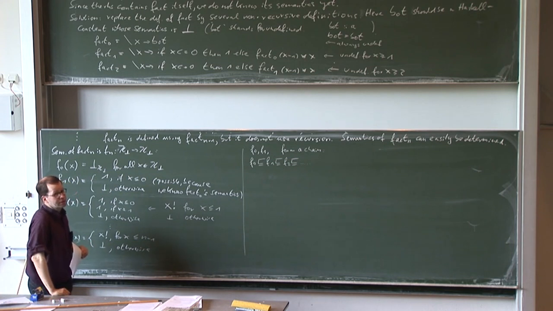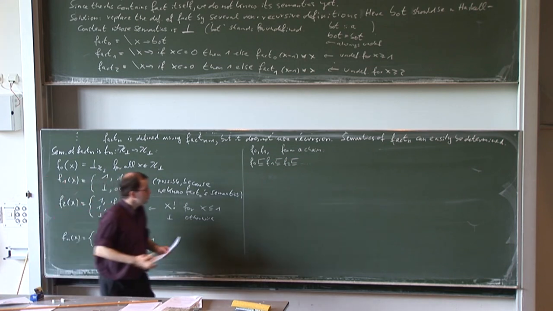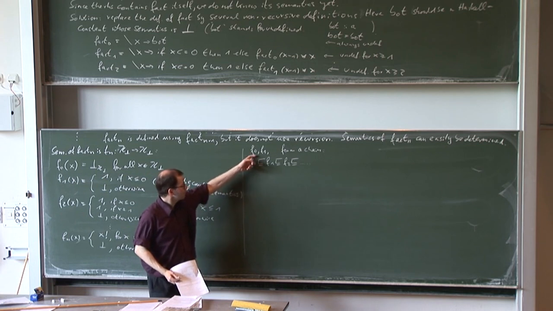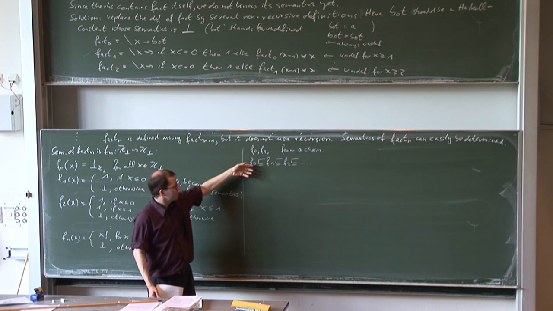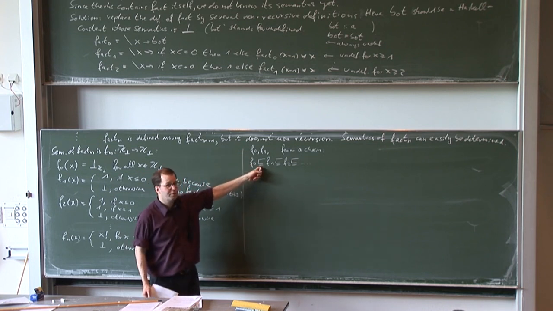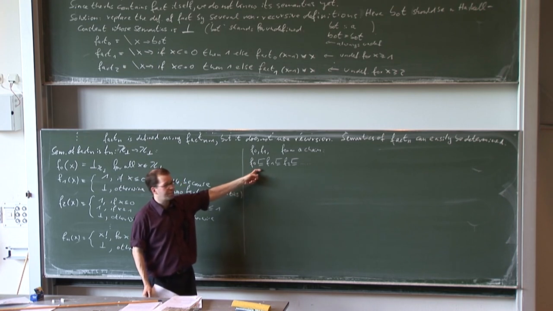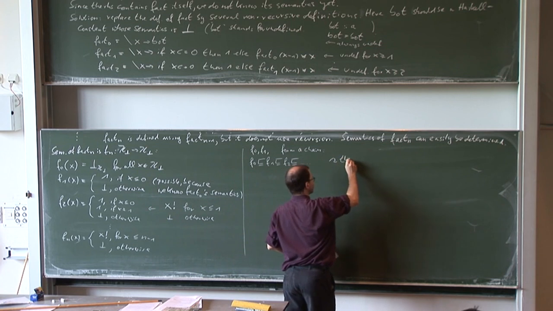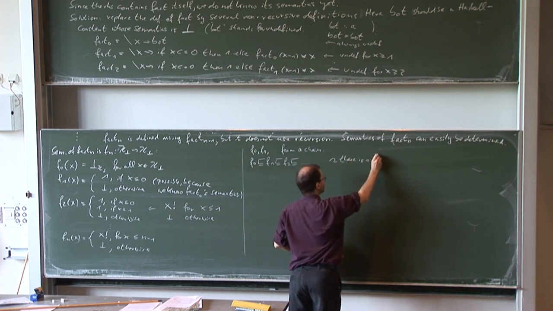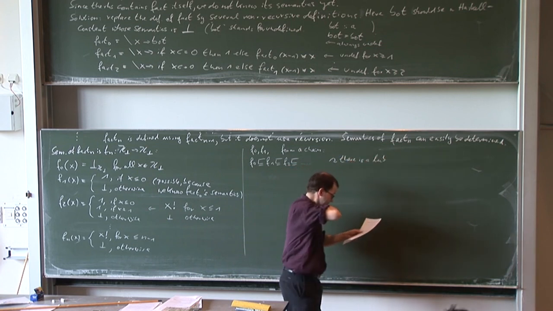And now we know that these functions here, they are all computable, hence they are continuous. We know that this less defined or equal is complete on continuous functions, which means that this chain has a least upper bound. So there is a least upper bound of this chain.